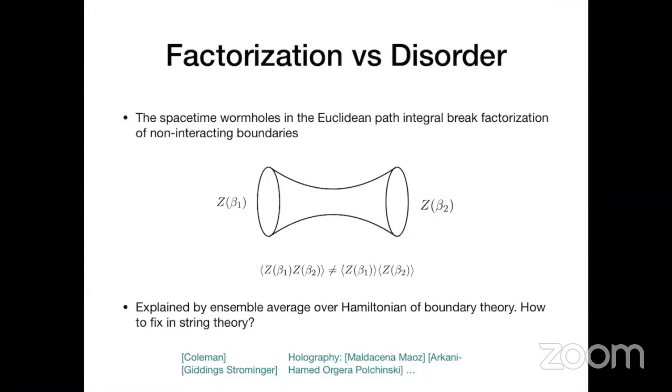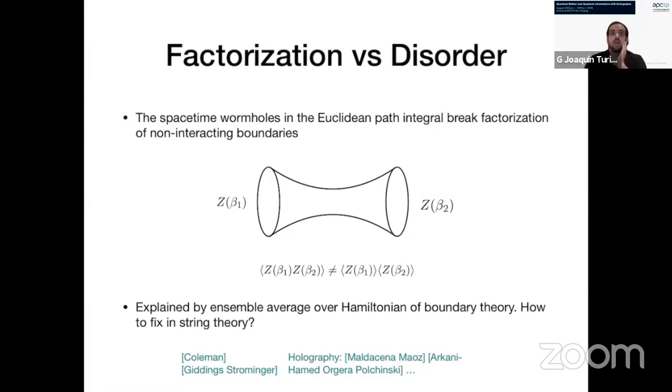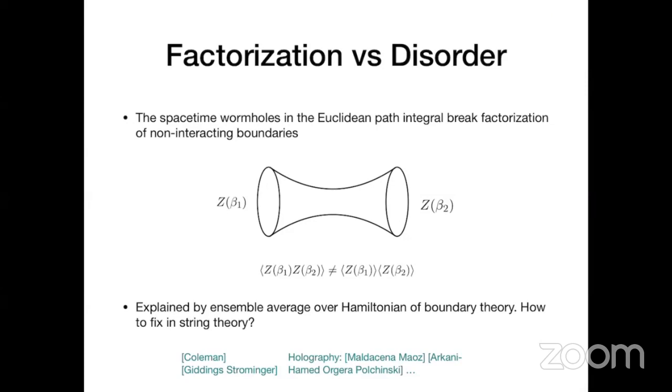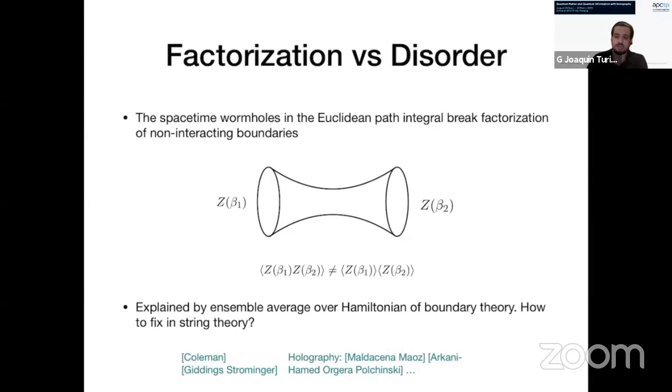And do you think there are some differences in their interpretation? No, I think that's an open question that would be very nice to understand better. Yeah, it would be nice to review these Maldacena-Maoz solutions to understand whether they are stable or not, if they really contribute to the path integral.